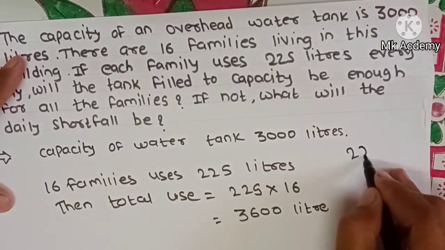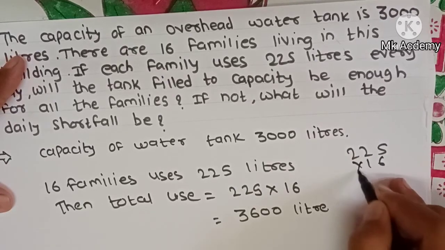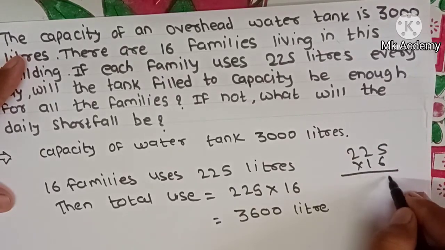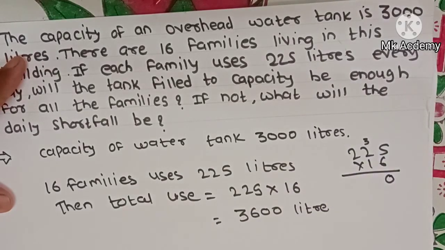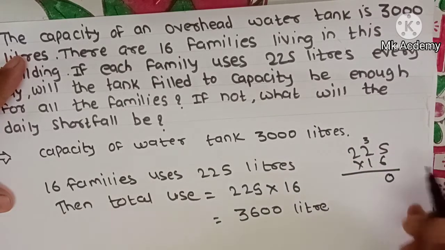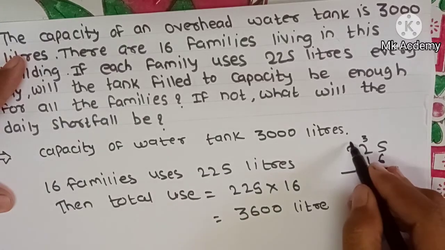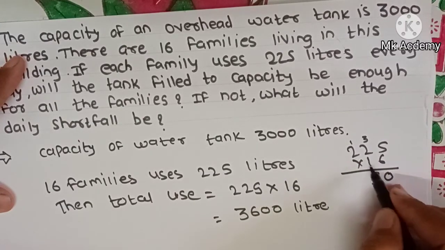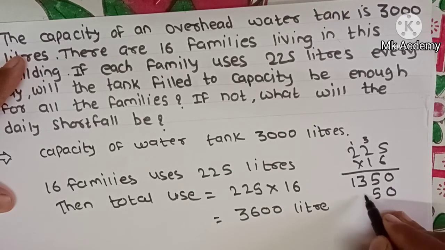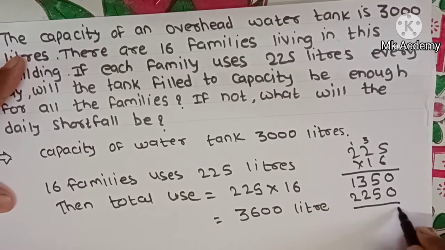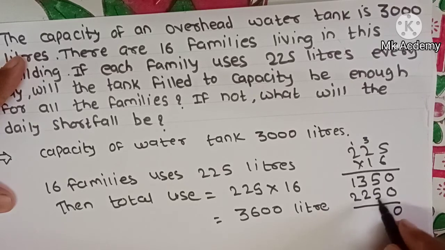Here 6 times 5 is 30, carry 3, 6 times 2 is 12 plus 3 is 15, carry 1, 6 times 2 is 12 plus 1 is 13. Then 1 times 5 is 5, 1 times 2 is 2, 1 times 2 is 2, and adding gives 3600.